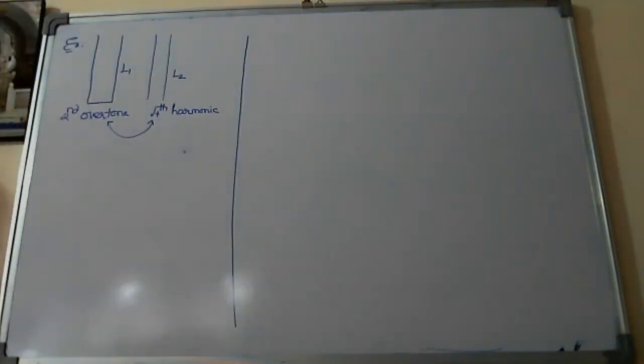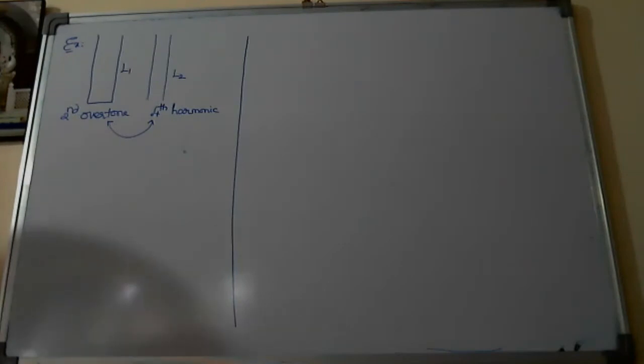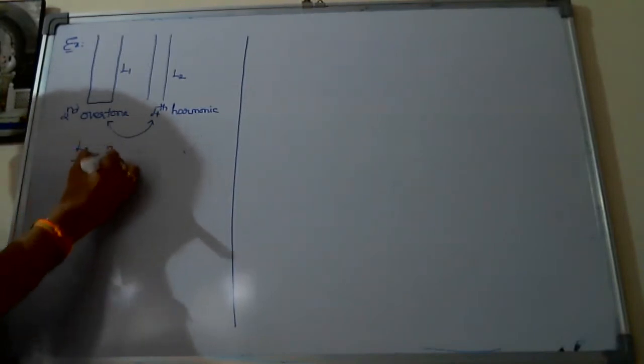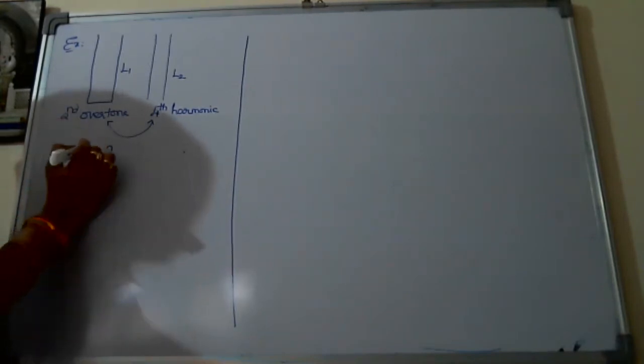So here the closed pipe is vibrating at the second overtone, and the open pipe is vibrating in fourth harmonic. And they are said to be in resonance. Then what will be the ratio of their lengths? L1 is to L2 equals how much?